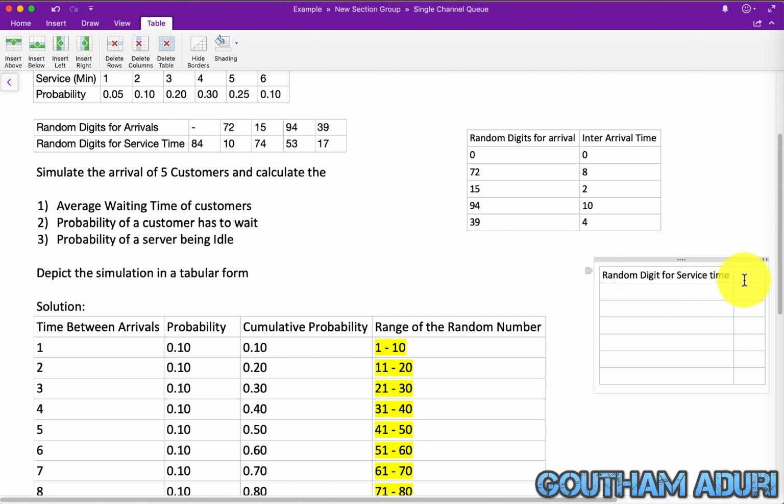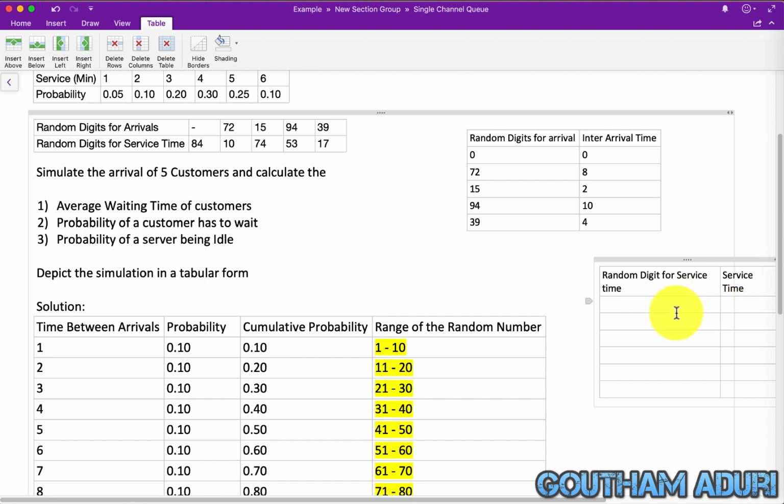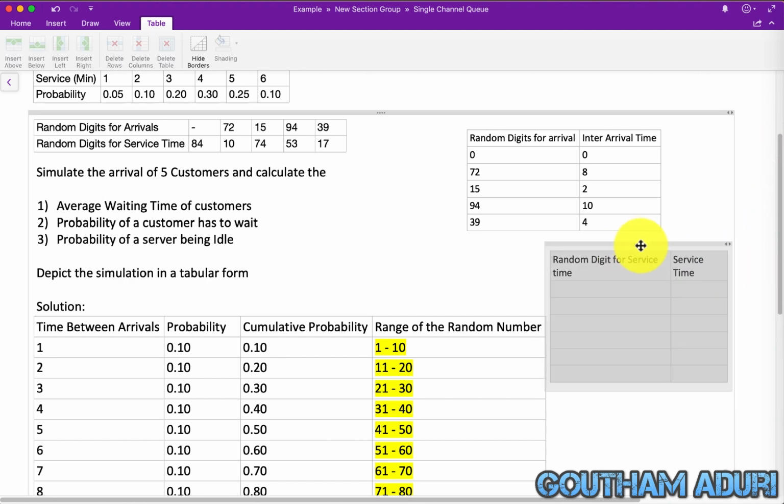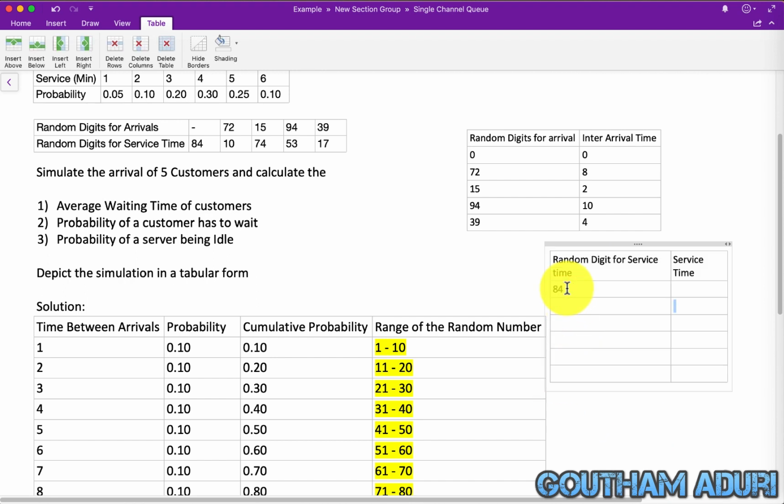And the service time. Random digits for the service time 84, 10, 74, 53, 70.